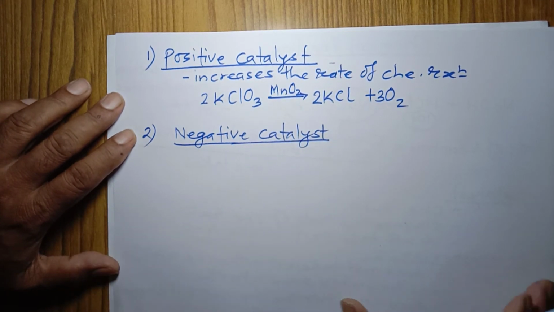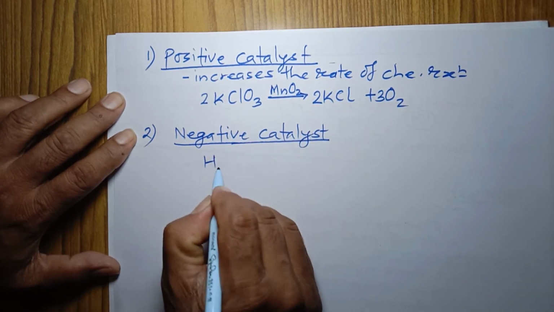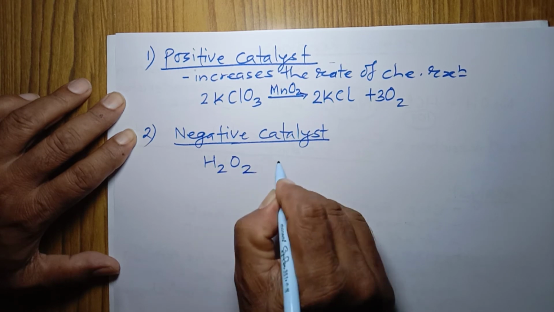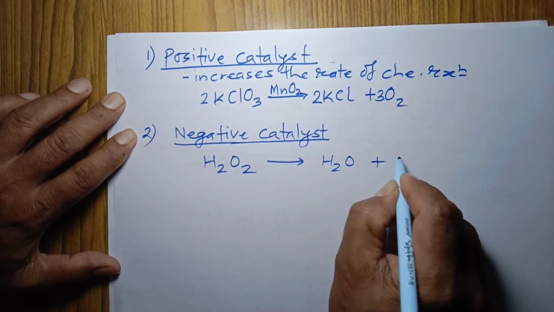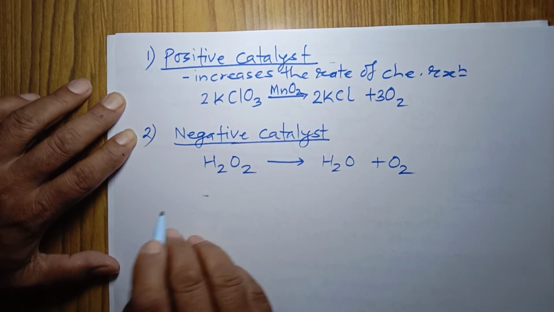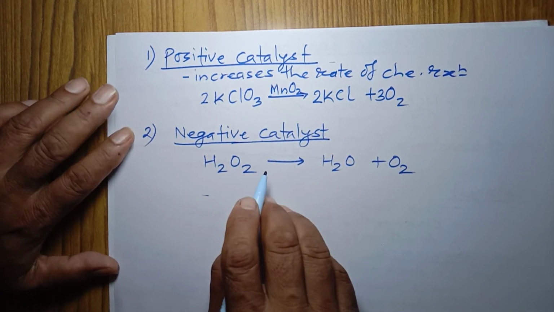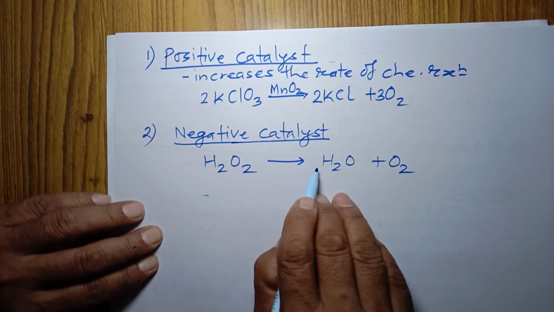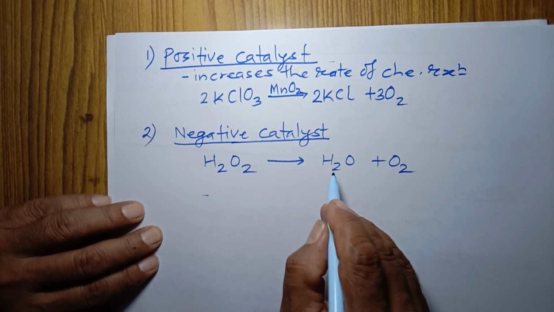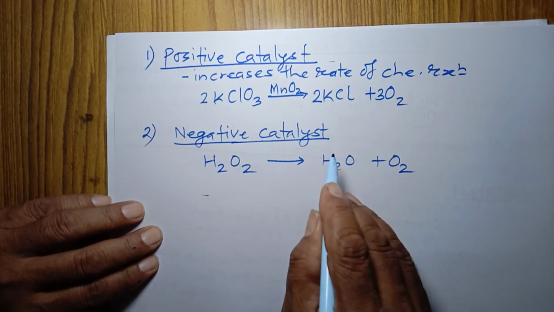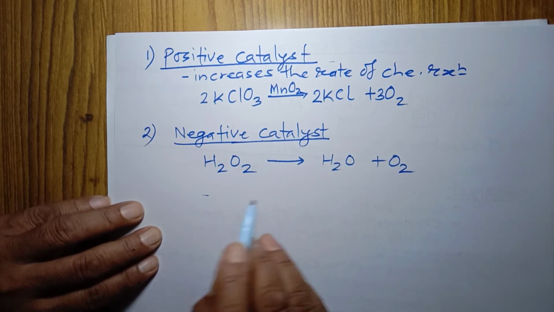For negative catalyst, when hydrogen peroxide decomposes, it forms water and oxygen gas. Hydrogen peroxide is an unstable compound which, when it decomposes, forms water and oxygen gas. This is one of the methods of preparation of oxygen gas in the laboratory, the non-heating method.